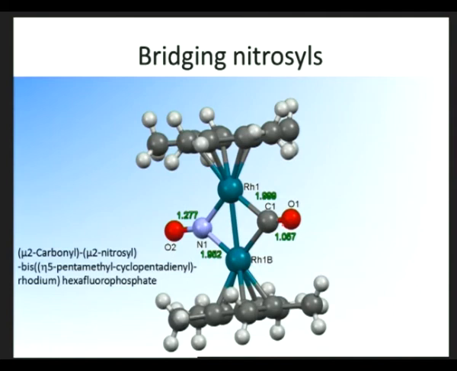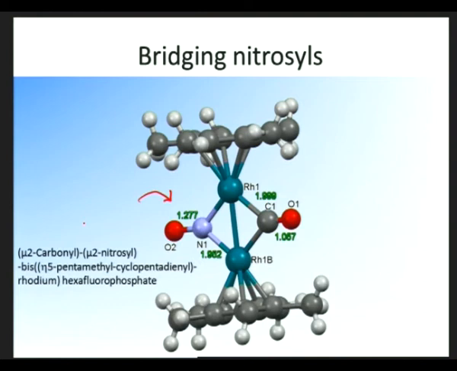Okay. Proceeding further, here is an example where you have a carbon monoxide and a nitric oxide bridging the two rhodium atoms in this molecule, and you will notice from the bond distances that the nitrogen oxygen bond distance has elongated significantly from the bond distance that you observed for free nitric oxide. That is, free NO plus had a bond distance of 1.15 angstroms, and you have a significant amount of bond lengthening in this case.